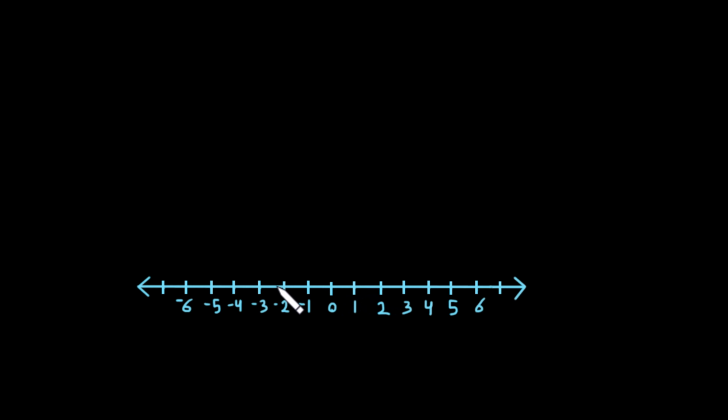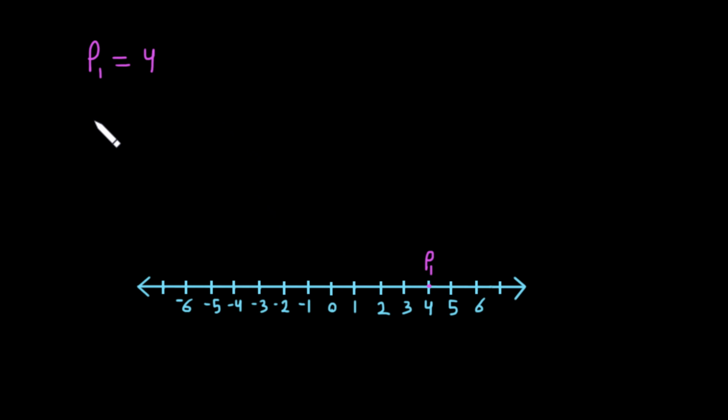For example, let's plot some example points on this number line. If I tell you P1 equals 4, where is 4? 4 is here. So here is P1.